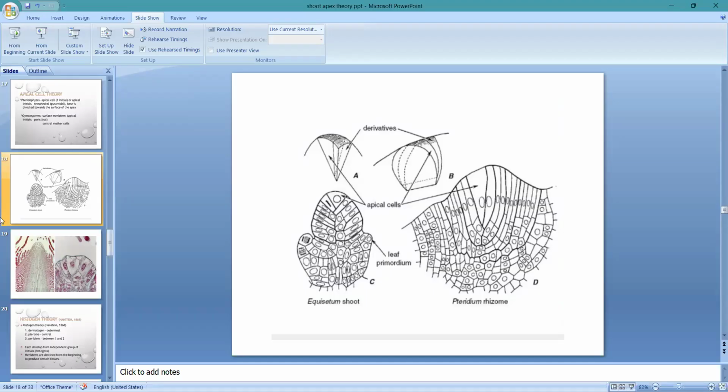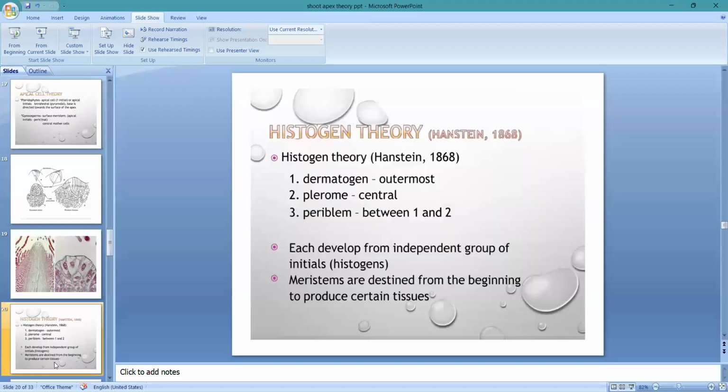Next, coming to the histogen theory. Okay, so the second theory is the histogen theory. It is also for the shoot apex. This theory was proposed by Hanstein in the year 1868, almost 1870.